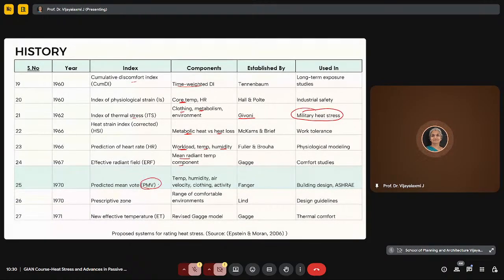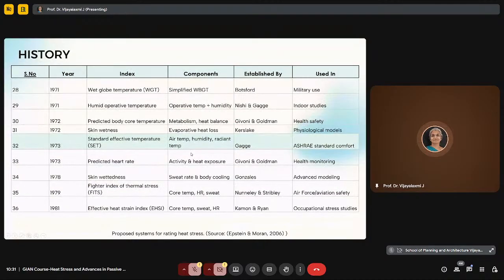PMV, predicted mean vote, uses temperature, humidity, air velocity, clothing, and activity, which is used in building design and also by ASHRAE. And then we have the prescriptive zone, where a range of comfortable environments has been given as design guidelines. And then the new effective temperature keeps on evolving itself over time. You can also have your own new effective temperature standard.